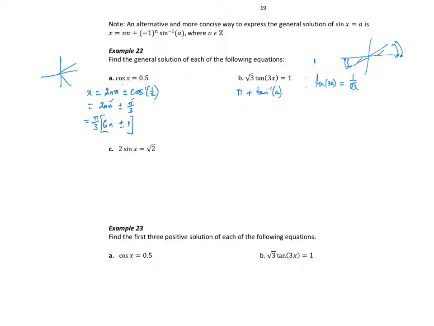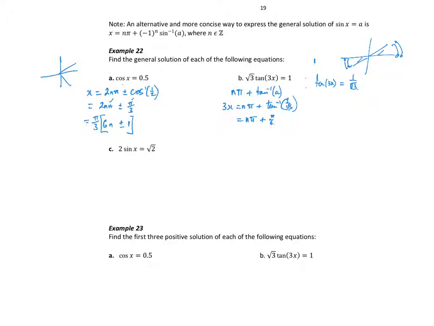So in this case, I'm going to have 3x is equal to pi plus tan inverse of 1 on root 3, which is equal to pi plus, well, tan inverse of 1 on root 3 is pi on 6. Oops. There should be an n pi there, shouldn't it?